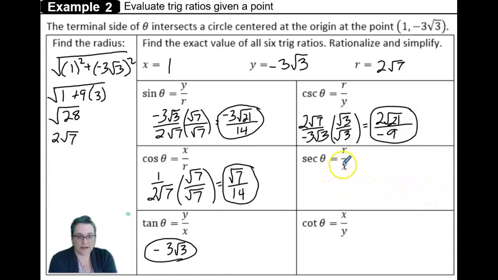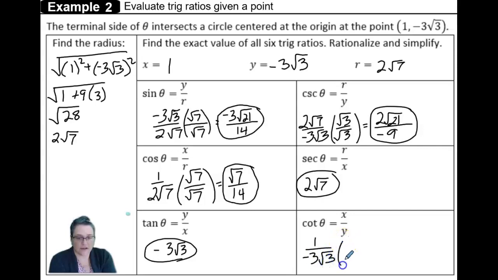The secant is the r over x ratio. The radius here is 2√7, and x is 1. Dividing by 1 won't change anything, so 2√7 is the secant. And then cotangent is the reciprocal of tangent, so x over y is going to be 1 divided by -3√3.